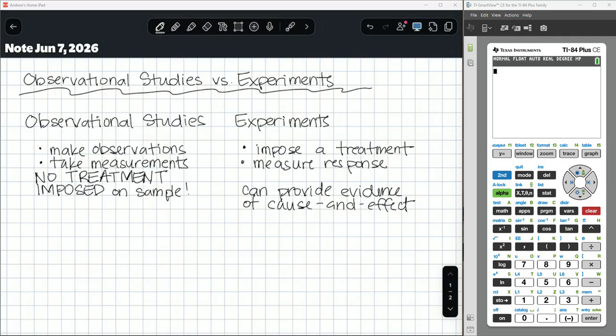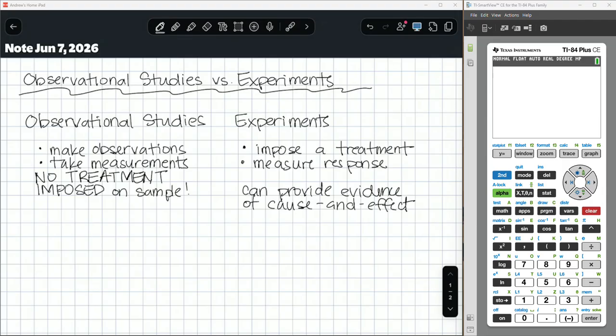In that case, I might notice a pattern where the students who were listening to classical did better, and I would say that listening to classical music means you are more likely to do better on the test. Not that listening to music caused you to do better, just that if you do listen to classical music, we are more likely to see that you also did better on the test.